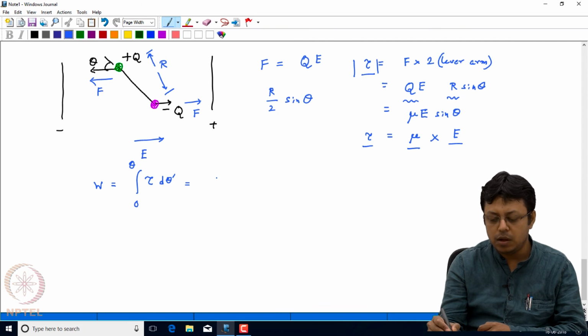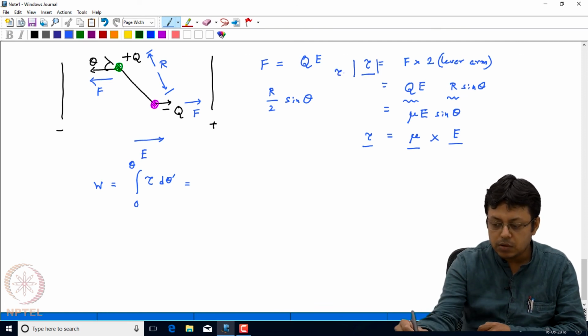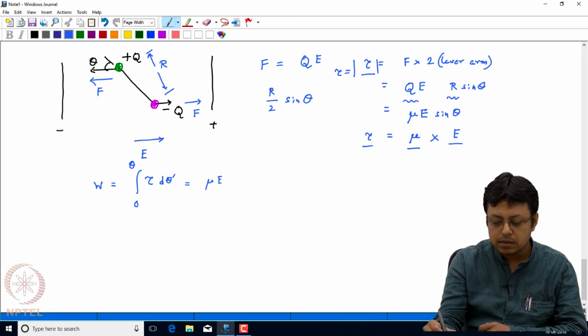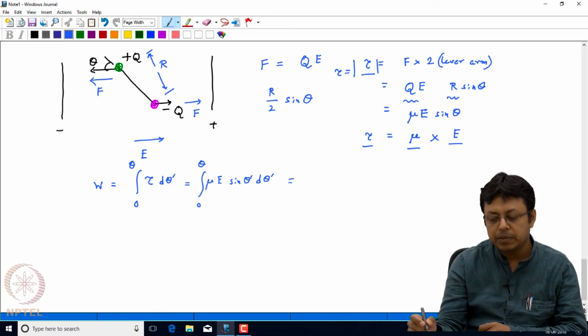Now, what is tau? We already talked about the magnitude of tau, which is the magnitude of the torque applied. So, that is mu E sin theta d theta, where we are using theta prime here from 0 to theta. The derivative of cos theta is minus sin theta, so the integral of sin theta is minus cos theta.